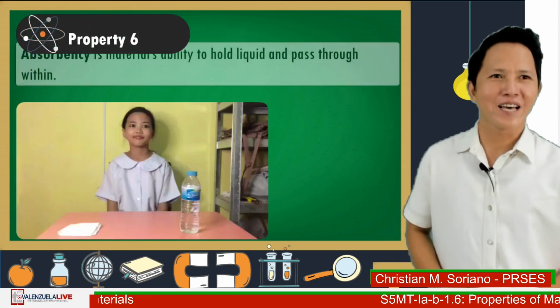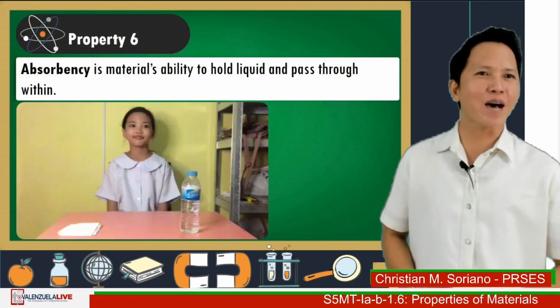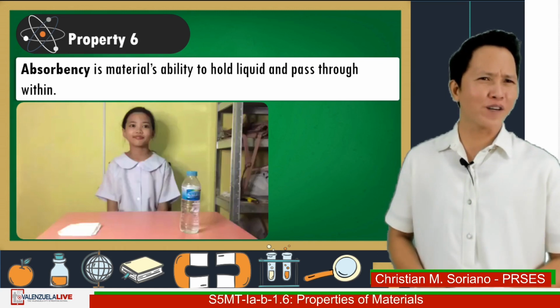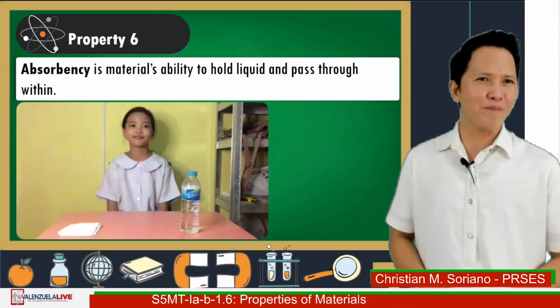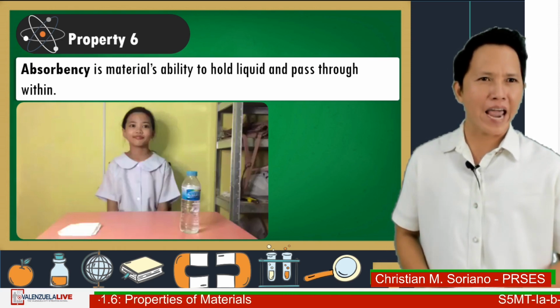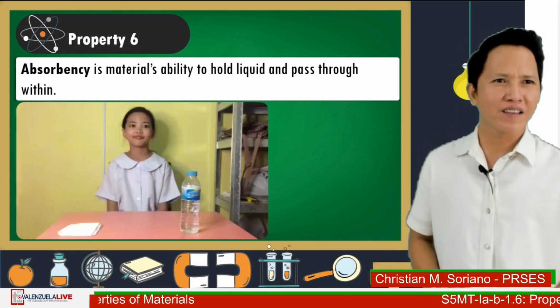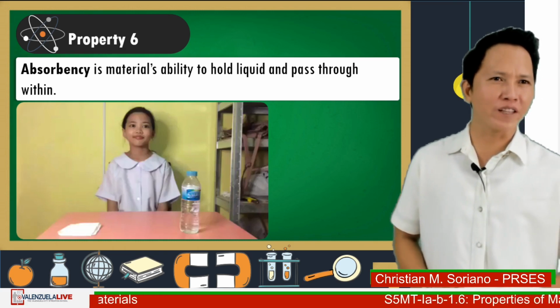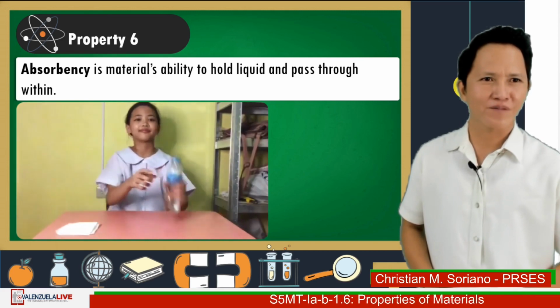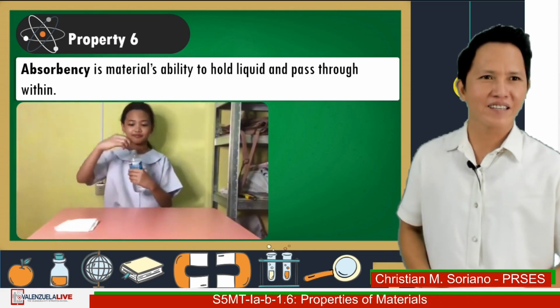Okay. The next property is absorbency. What do we mean by the word absorbency? Simply, it is the material's ability to hold liquid and pass through within. This video will demonstrate the word absorbency. Okay?